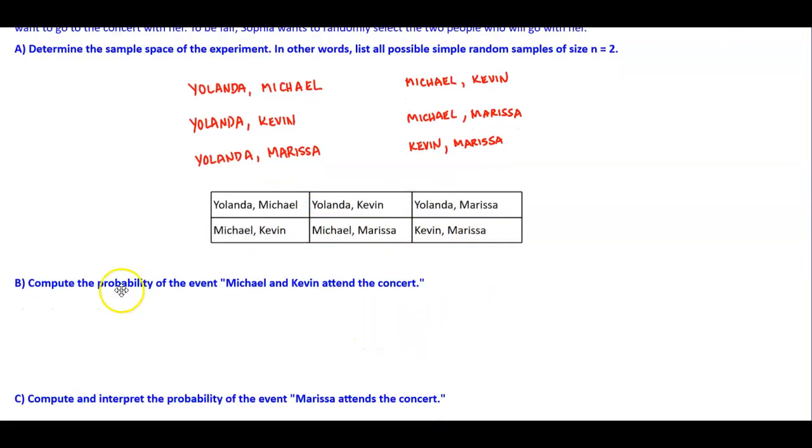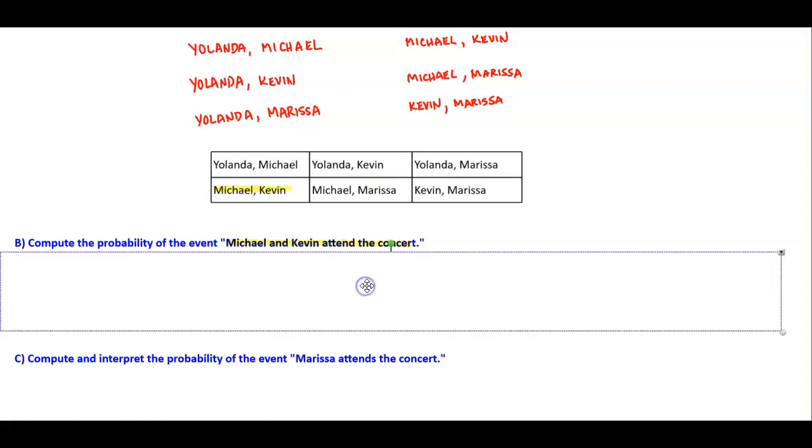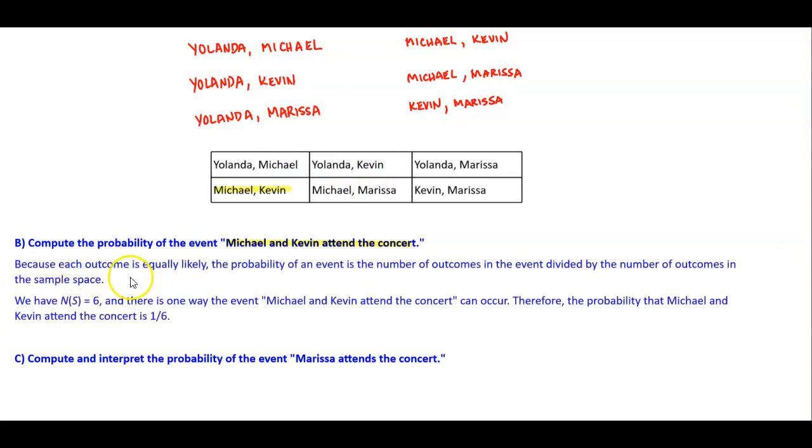So now what we want to do is compute the probability of the event that Michael and Kevin attend the concert. So that means that we have Michael and Kevin listed here. Okay, now how many possibilities do we have? Well, because each outcome is equally likely, the probability of an event is the number of outcomes in the event divided by the number of outcomes in the sample space.